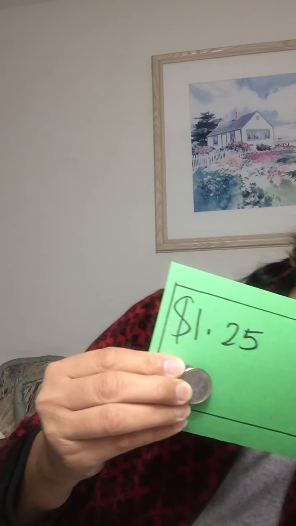Now if we add another quarter, where's my quarter? Oh, here. If we add another quarter, that makes it into how much? $1.25. So how many quarters do you need for $1.25? You're going to need 5 quarters. Can you see it?